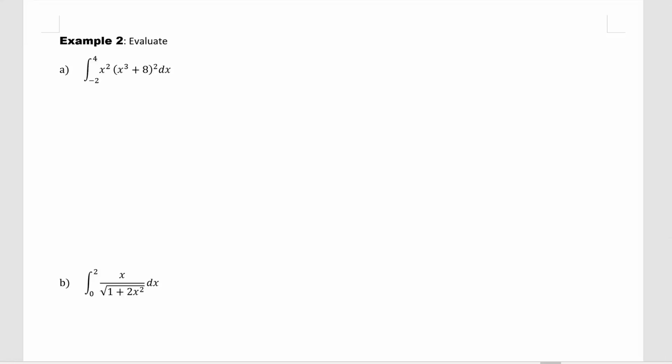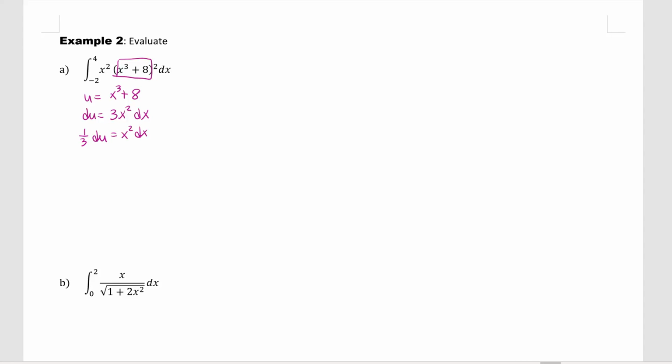So let u be the inner function, so that is our u. Then du is 3x squared dx, but we don't have 3x squared dx, we only have x squared dx, so that is 1/3 du. So far so good.